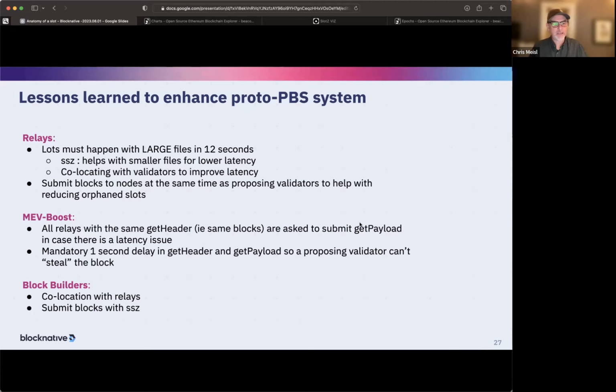And then there's some discussion about delaying the get header and the get payload, so that it reduces the chance for the validator to steal a block, getting the payload and doing something with it before the signing of that get header has really started to propagate. And of course, as I mentioned, builders are co-locating and using compression.